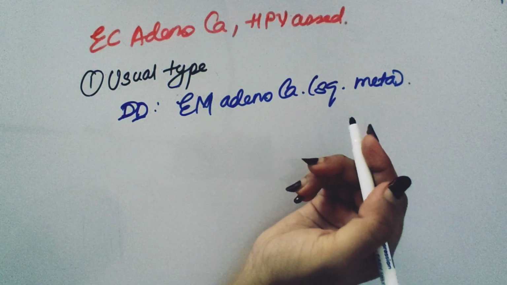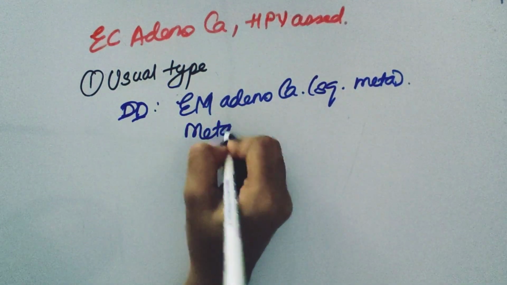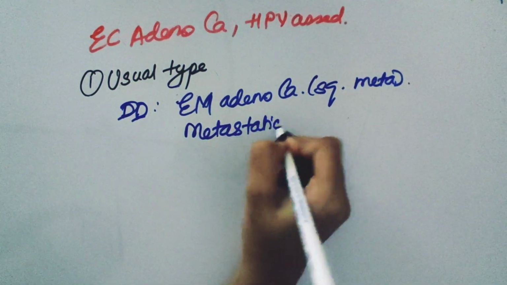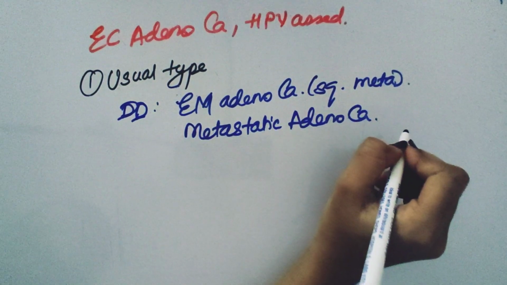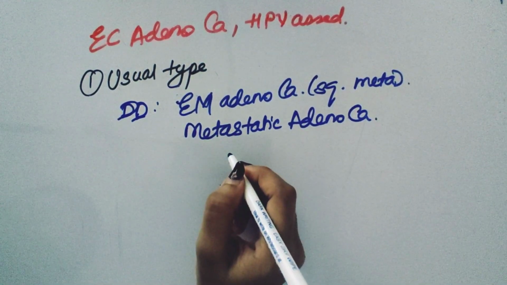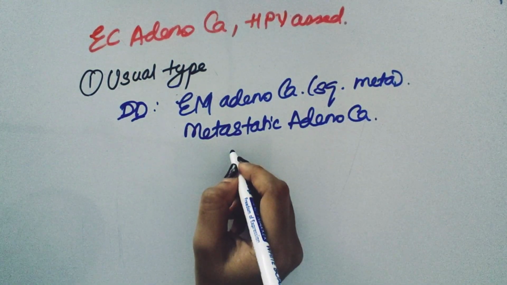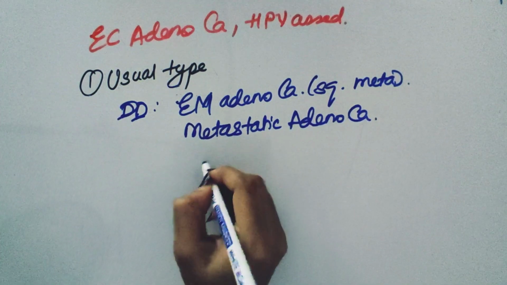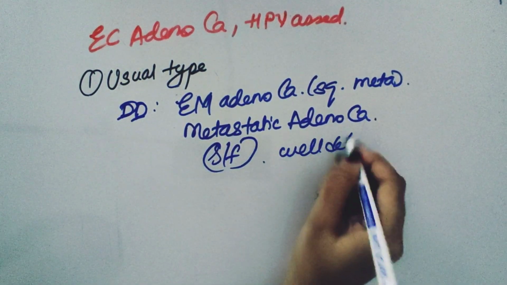And the other differential diagnosis is metastatic adenocarcinoma. So metastatic adenocarcinoma in the cervix will mostly have superficial location and they have well defined margins.